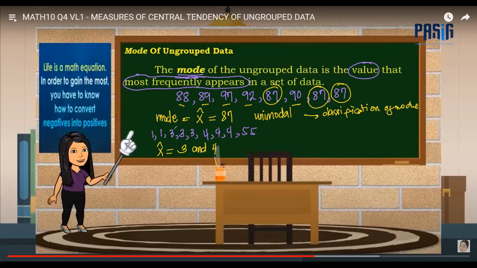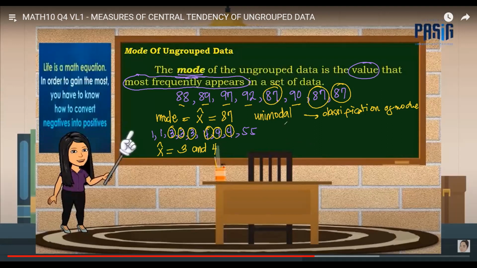Bakit po? Kasi 3 beses natin nakita yung 3 sa data natin at 3 beses din natin nakita or nag-appear si 4. Dahil dalawa sila na parehong ang dami ng data, we consider them both the mode of this given set of data.